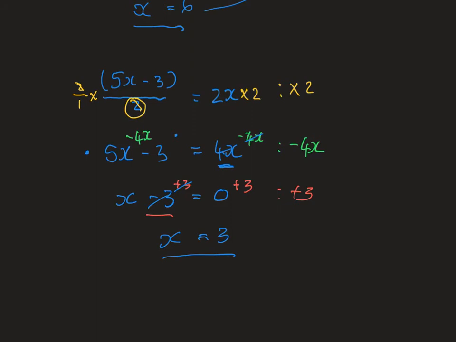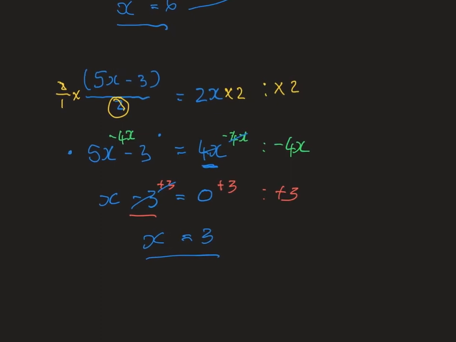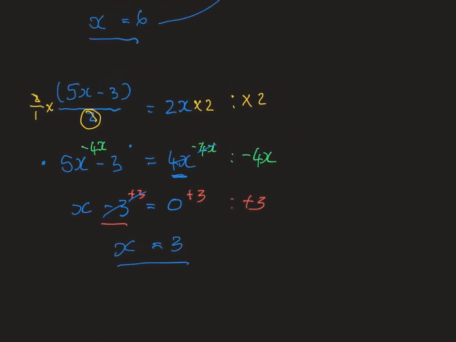3. Let's just quickly practice that checking method again. So we're going to look at the left-hand side of the equation, which is equal to 5 times x. But of course now we know that x is equal to 3.